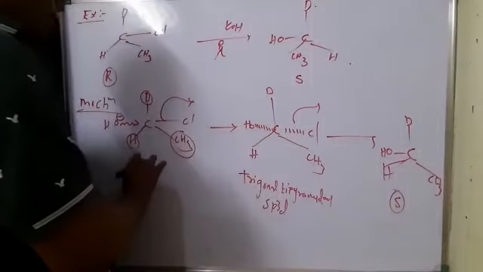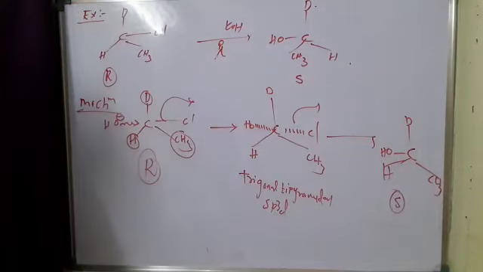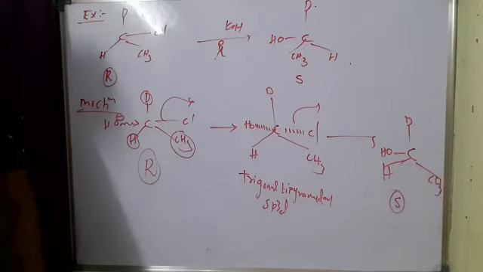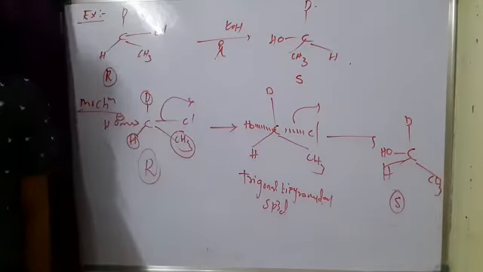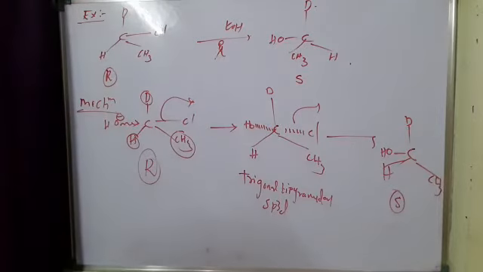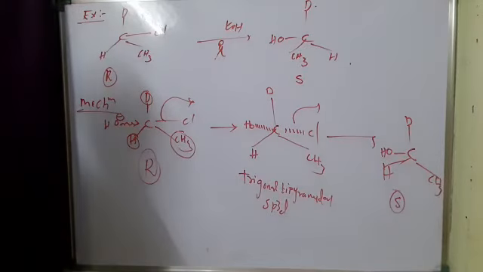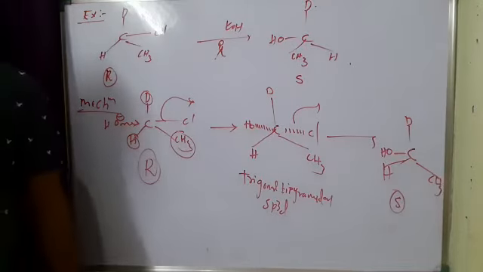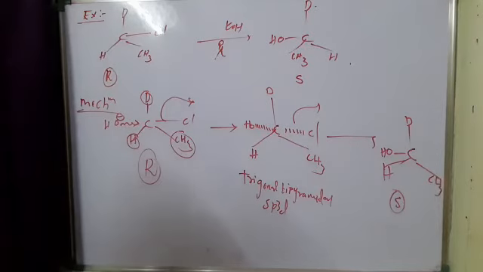If it is R configuration, this is S. 100% inversion of product formation takes place. So before eliminating the chlorine, OH minus attacks from the back side. So this is the mechanism. In this, some heavy metal ions also favor.